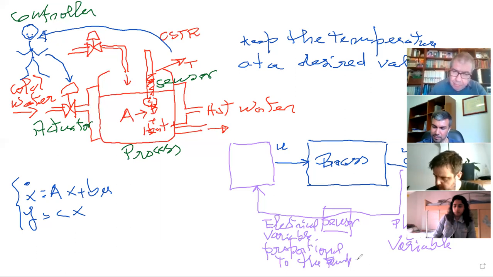Usually this electrical variable in an industrial setting is a current, because of practical reasons, to avoid contamination by noise.